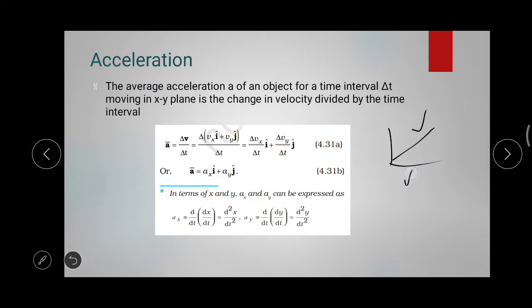So using the parallelogram law, vector v will be equal to vx i cap plus vy j cap. Here, in place of this v, we are substituting vx i cap plus vy j cap, and rearranging the equation, you will get the average acceleration equal to ax i cap plus ay j cap. Those are the two components, the horizontal and vertical components of the acceleration. One is in the x-axis and another one is in the y-axis.